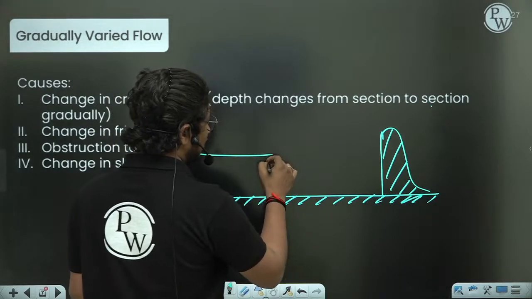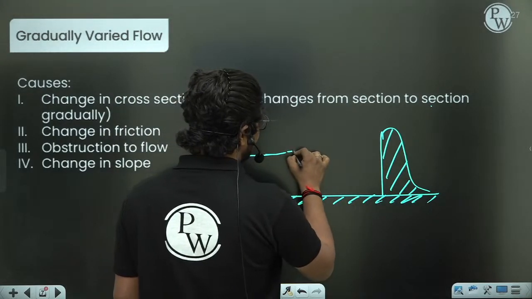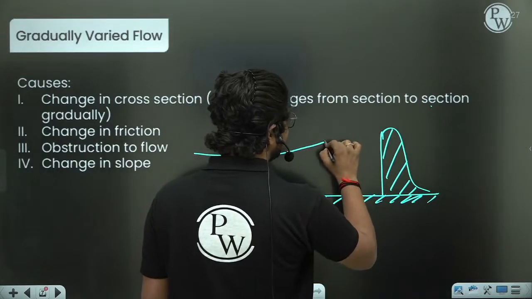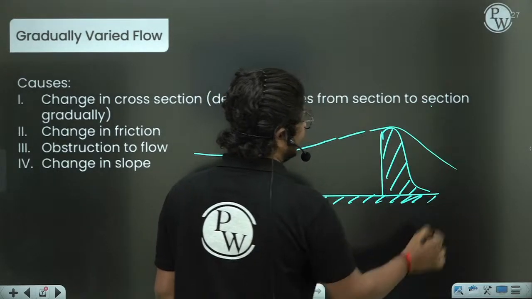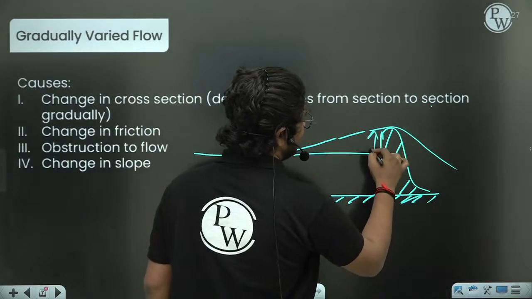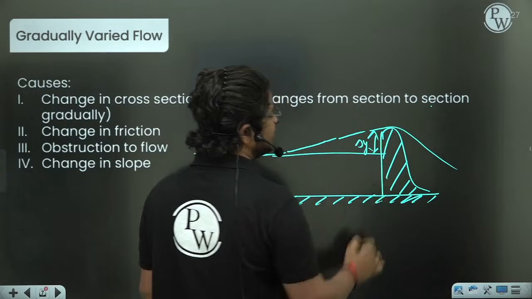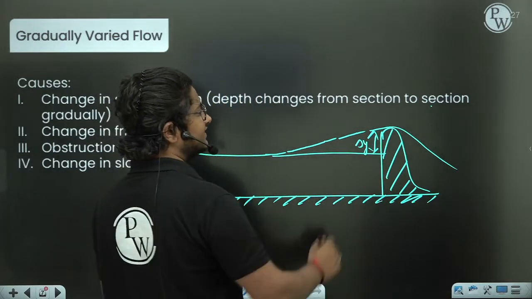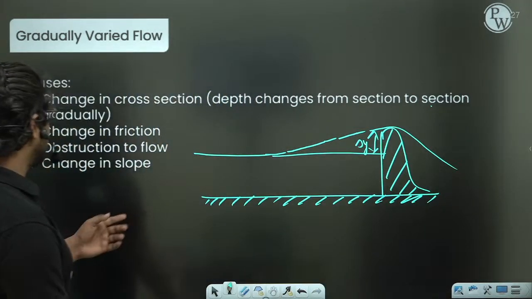What will happen to the water? Slowly it will start changing its depth. That means it is rising so that it can cross the dam. So in this part you will find there is a change in the depth over a long span of distance. We call it a gradually varied flow.